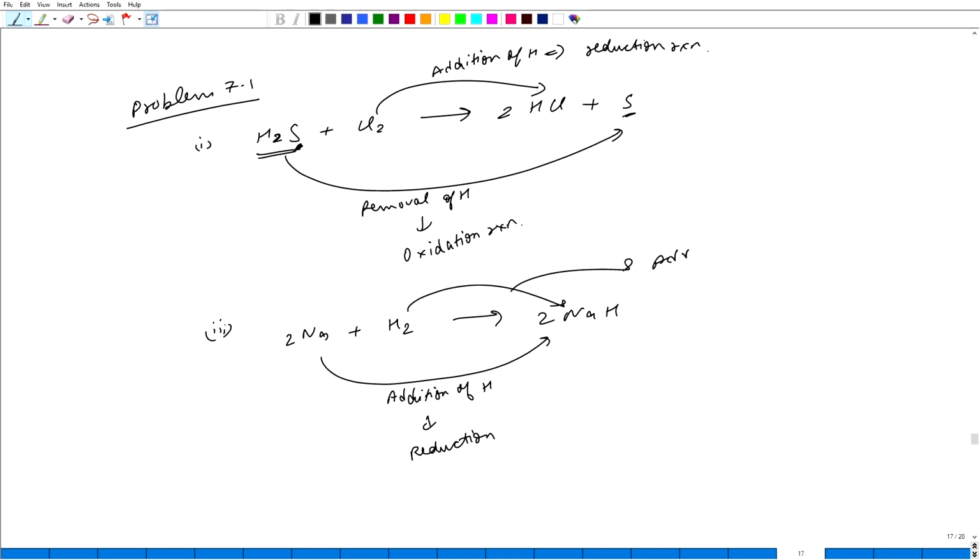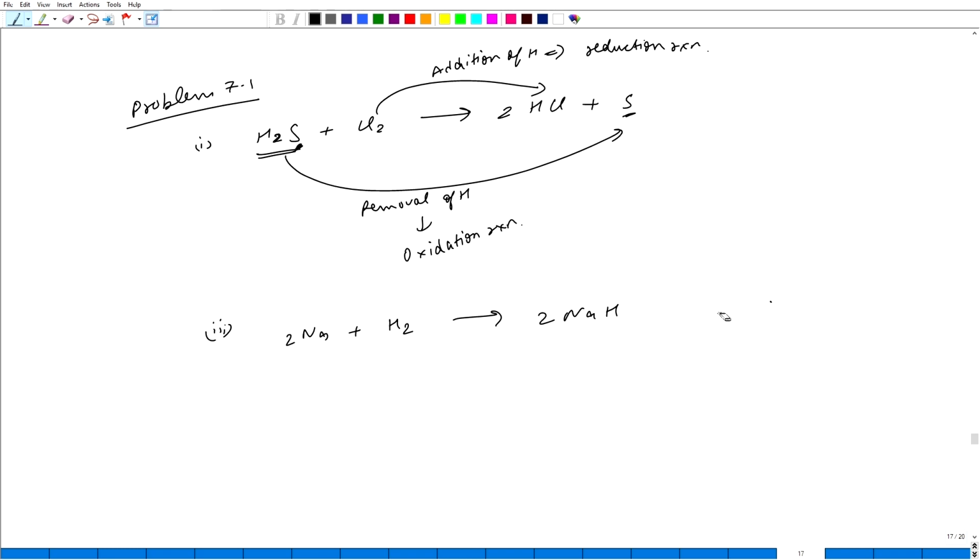Addition of an electropositive element... okay, no, there has been some mistake. Sodium and hydrogen react to form NaH.